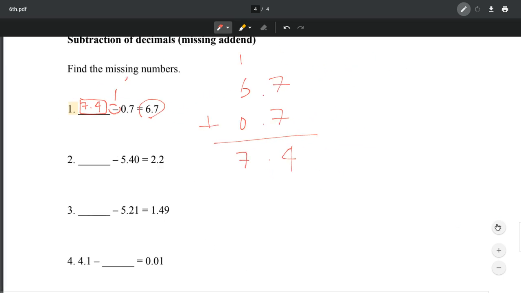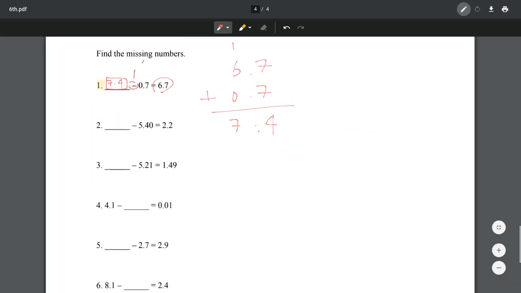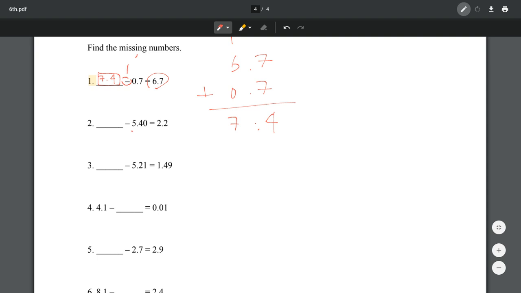And then number 2. Again, we're going to subtract 5.40 from the total, which is 2.2. Remember to align it. And then we subtract. Oh, sorry, it's not a subtraction.